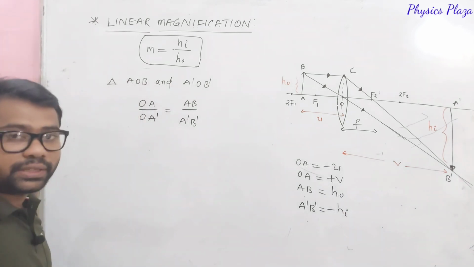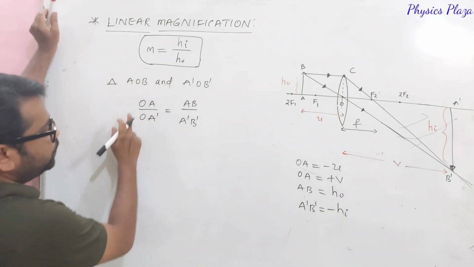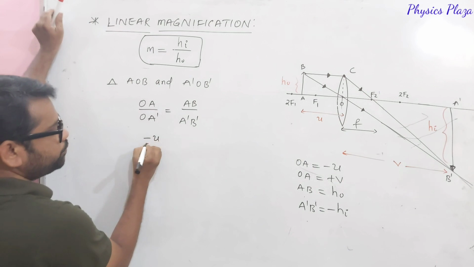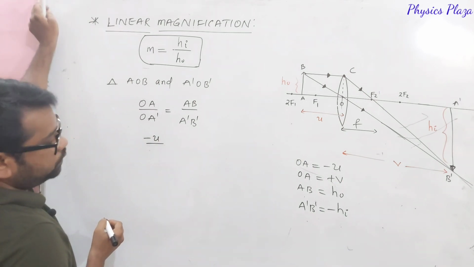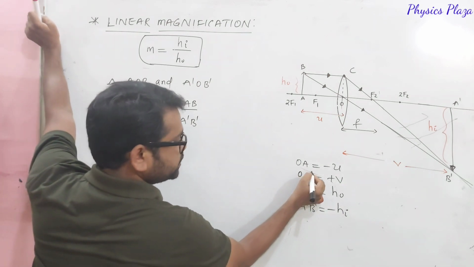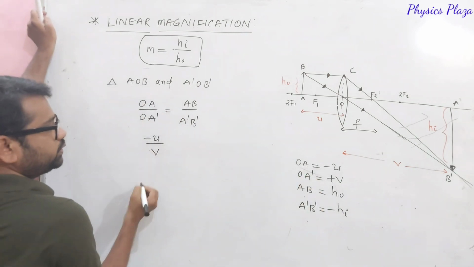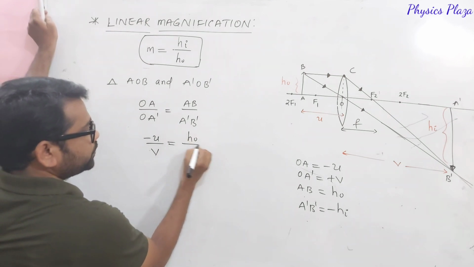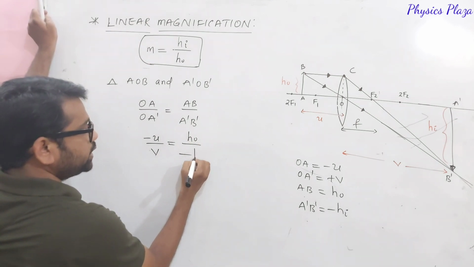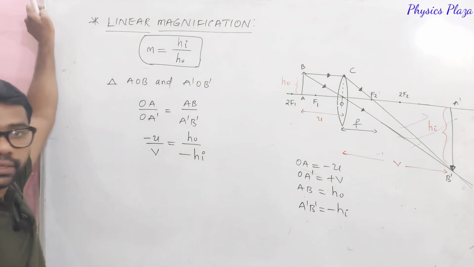Now you can substitute in this case. OA is minus u, OA dash is plus v only. And here AB is h naught and A dash B dash is minus hi.